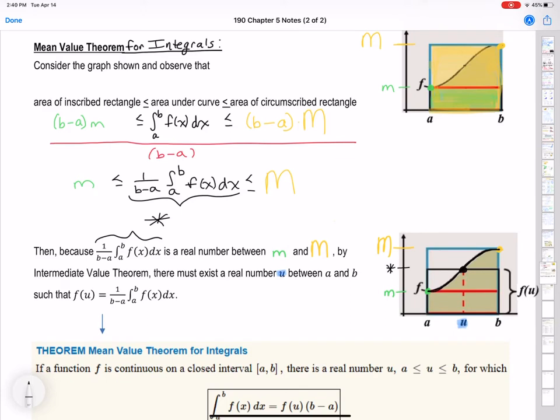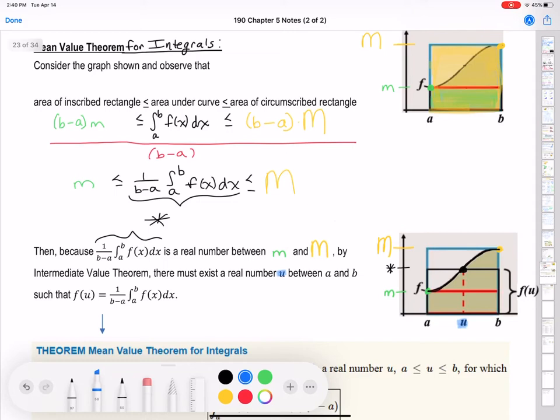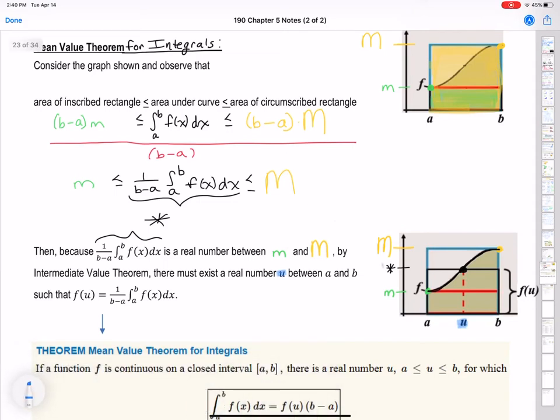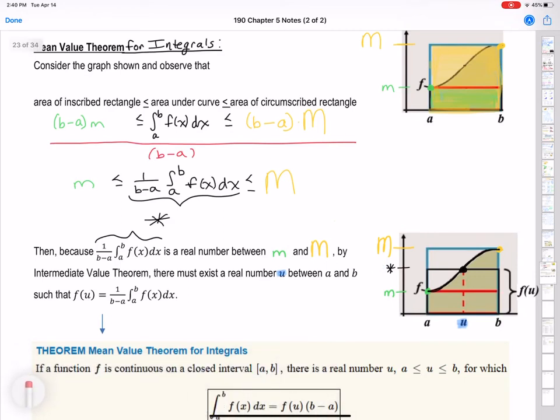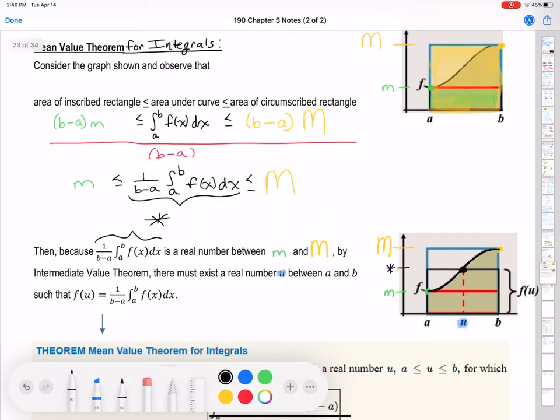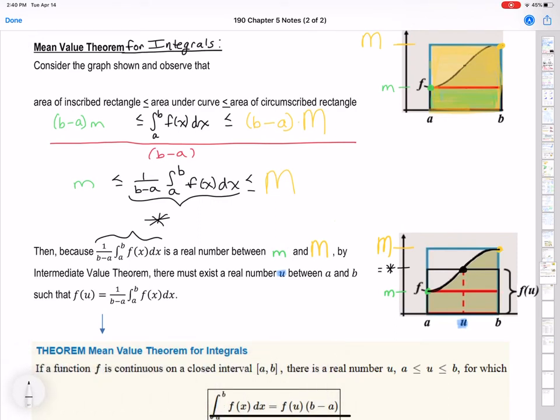So there has to exist some u such that f of u is equal to that particular value. So this particular value here is equal to f of u.